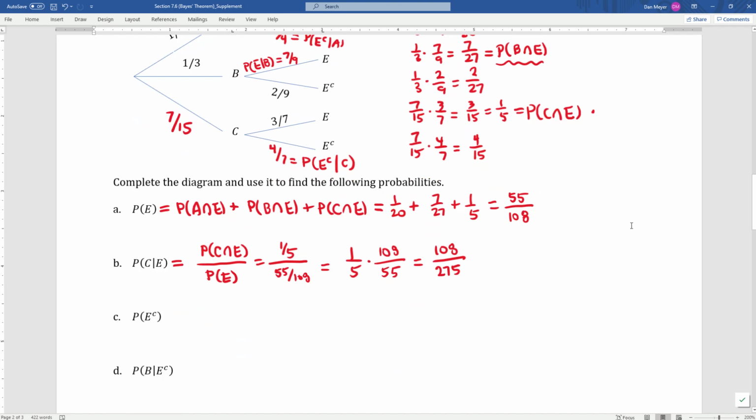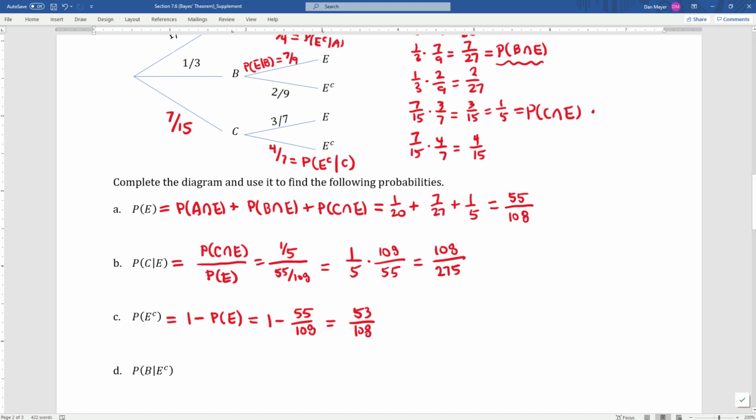On to part C, the probability of E complement. There are, again, a couple ways of getting the job done. I think the easiest way is to just use the complement formula. So that'd be 1 minus 55/108, which will be 53/108.